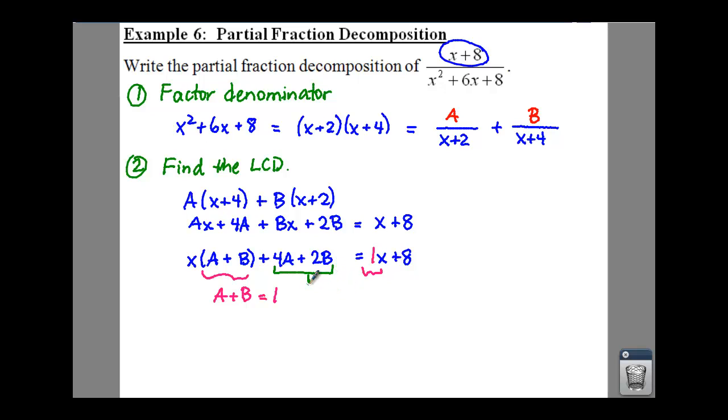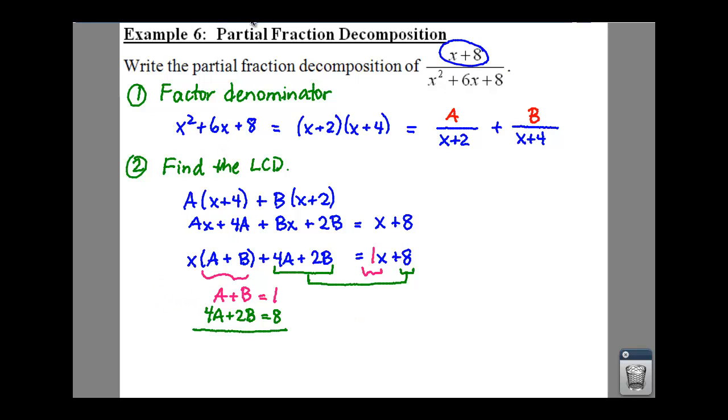That we're going to set equal to your 8, because 8 is not attached to an x, neither is 4a and 2b. So we're going to have 4a plus 2b equals 8. And notice you have a system of two equations with two unknowns. If we solve this system, this will give us a and b.